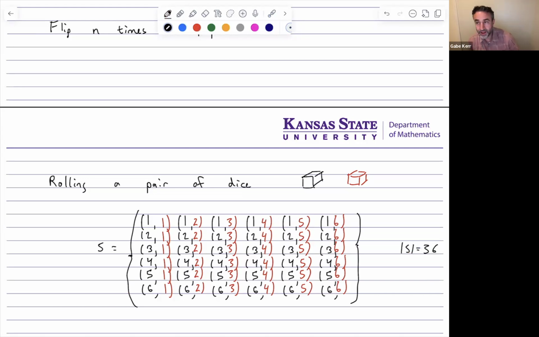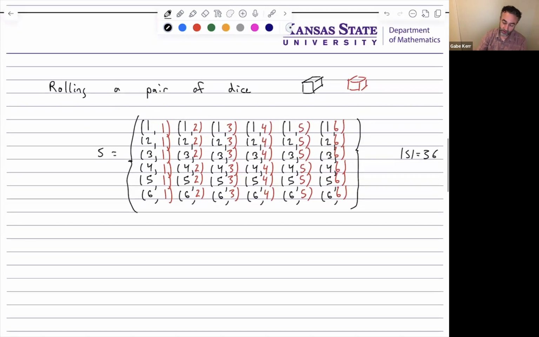So even in very simple situations, the sample space can get quite large. You could imagine another example. Let's say the example of a football team. Maybe this isn't an experiment that you're running, but it's the experiment of watching a football team play for a season.